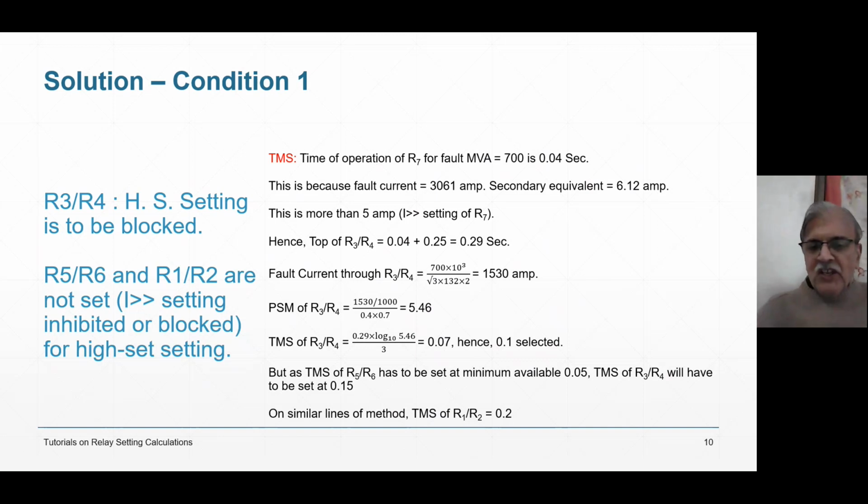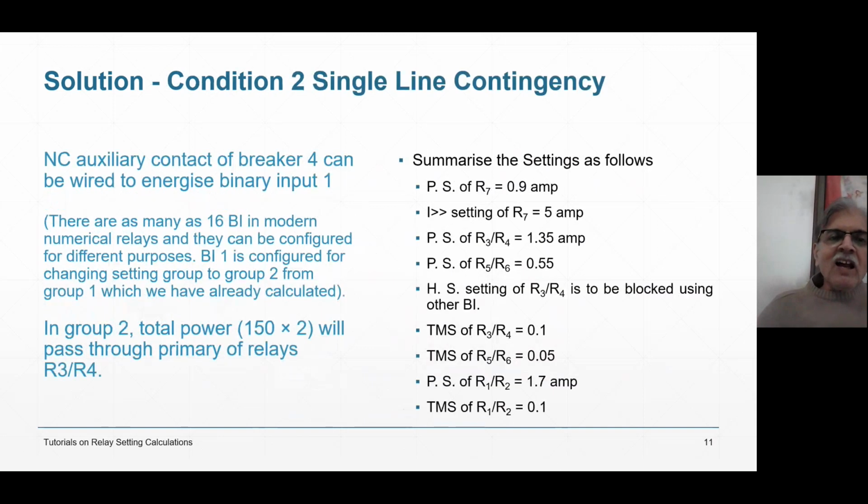And on similar lines, TMS of R1, R2 is 0.2, right? So I go for condition 2, single line contingency. Single line contingency means one parallel line is off. So if the lower parallel line is off, I can use the NC auxiliary contact of breaker 4.